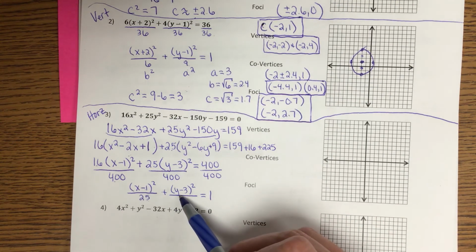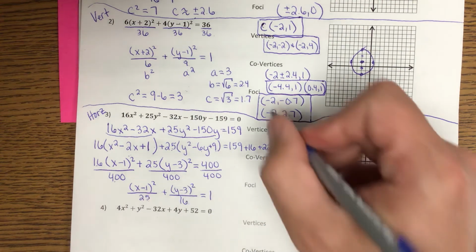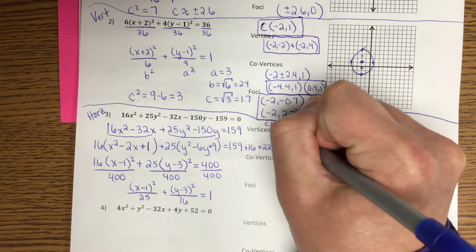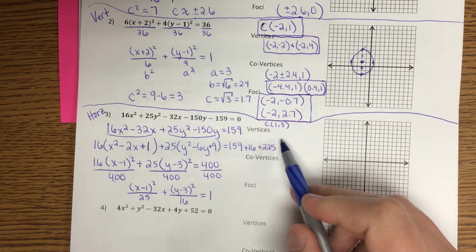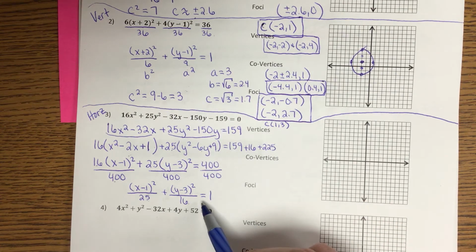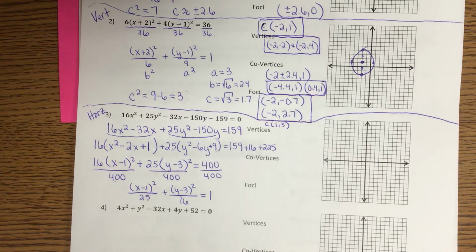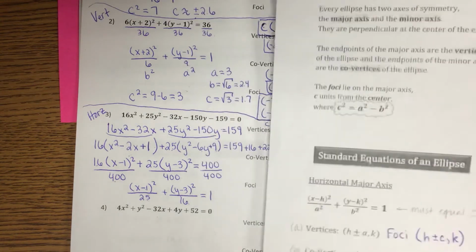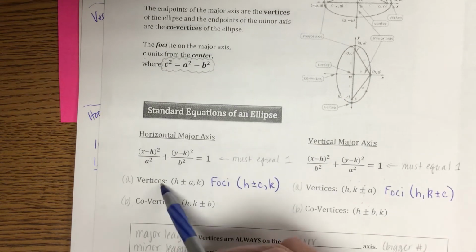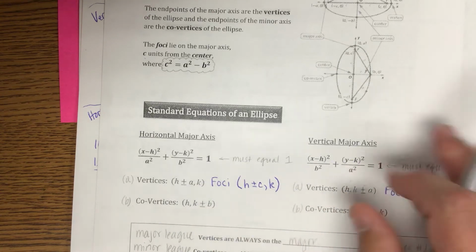My center is going to be 1, 3. If you just wanted to go through and use the formulas to help you answer all of this, we certainly can do that. So this is a horizontal ellipse, so I'm going to be using this side of the table right here.